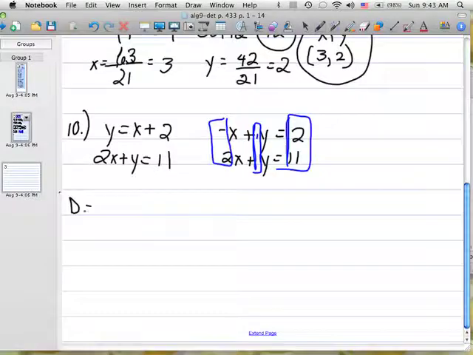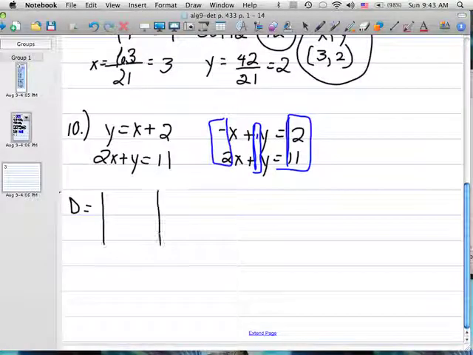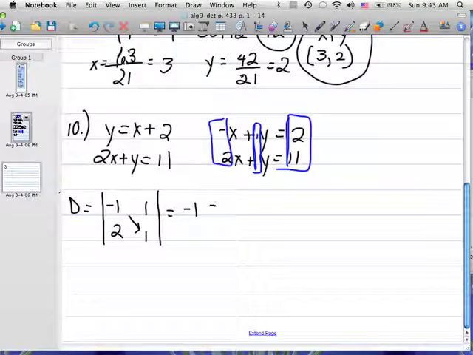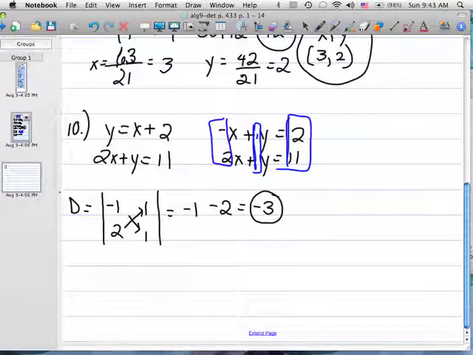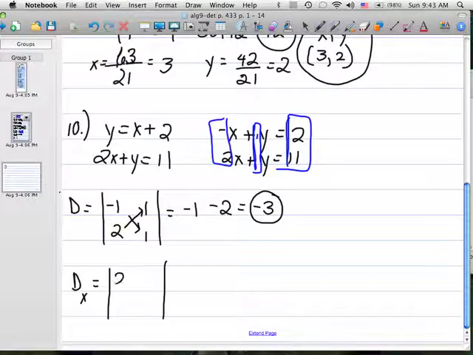So the matrix for the determinant of the coefficients would be -1, 2 for x, 1, 1 for y. Do the multiplication, -1 times 1 is -1, minus 2 times 1 is -3. The determinant for x, since I'm looking for x, I put the constants in, 2, 11.